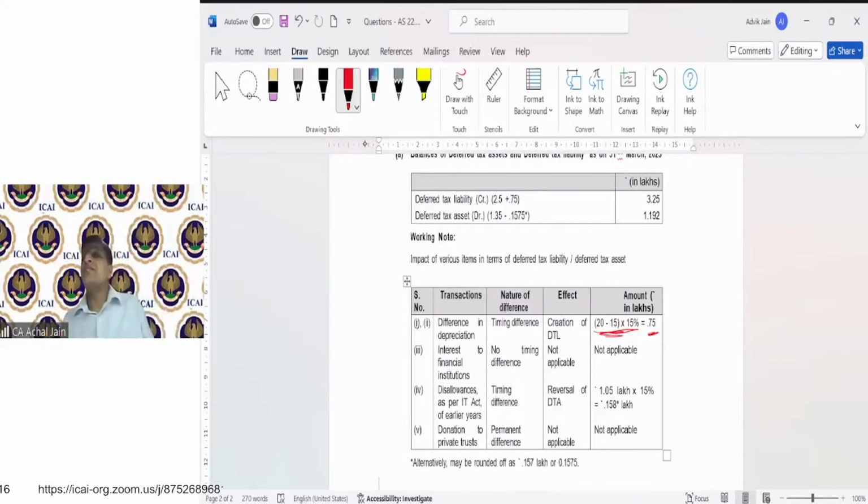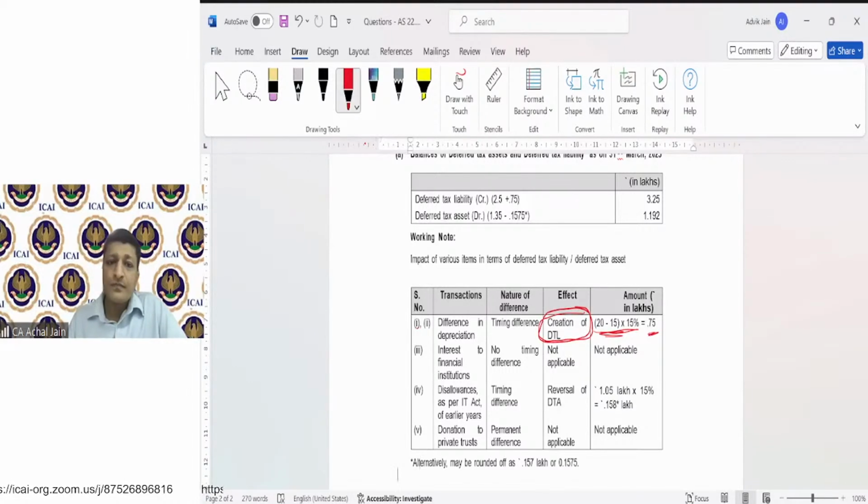If more depreciation is allowed in the current year, in the future years, lesser depreciation will be allowed. Therefore, in the future years, my tax outflow will increase. Yes or no? My tax outflow will increase. So what will it result into? DTL. This will result into DTL.